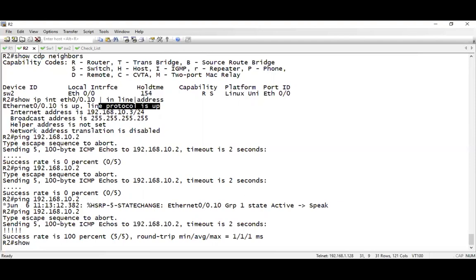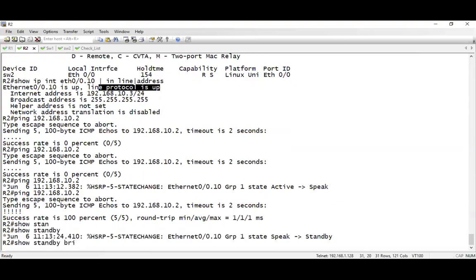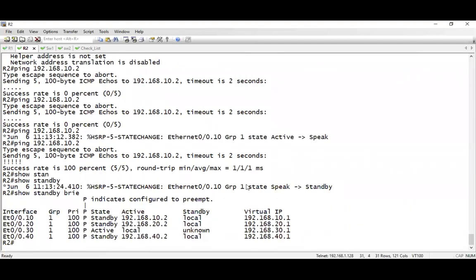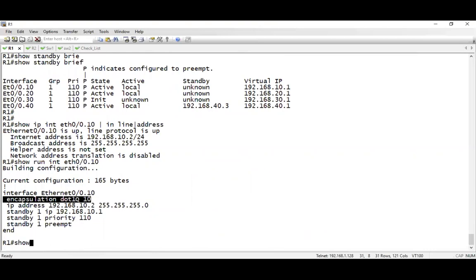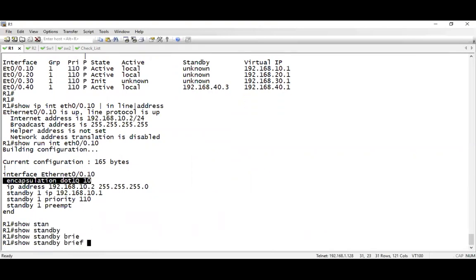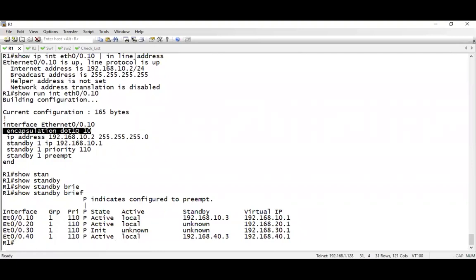Let's verify HSRP status. However, you got the message for the same, but you can still verify using the show standby command, and you can see HSRP is working fine for Ethernet 0/0.10. In the same way, you can do show standby brief on R1.